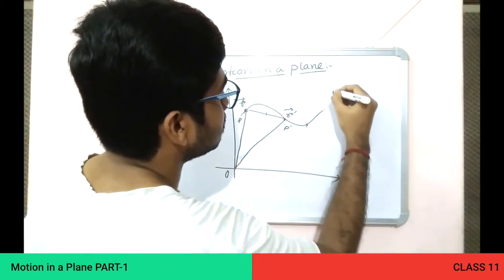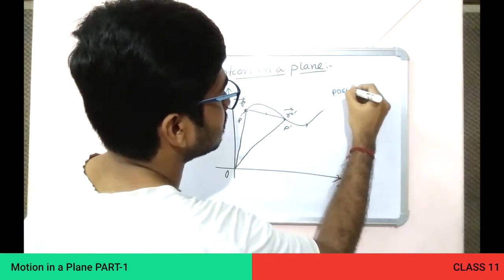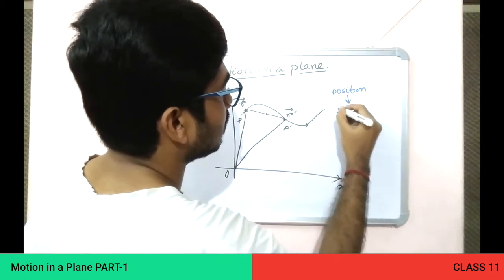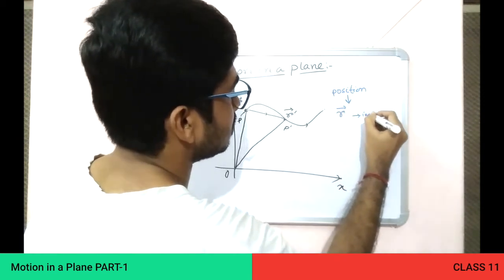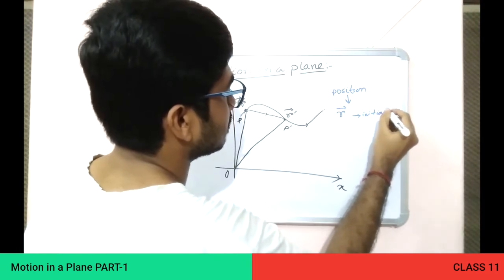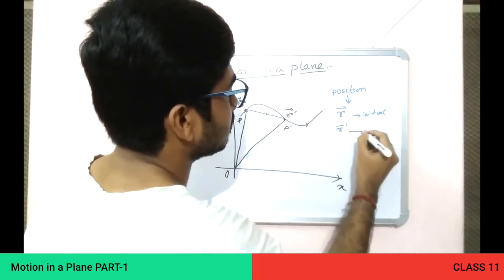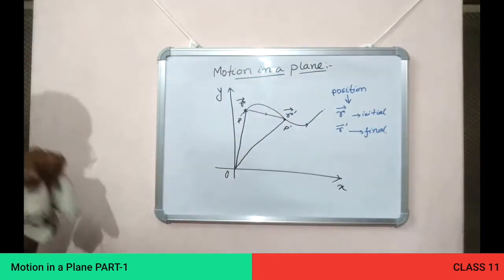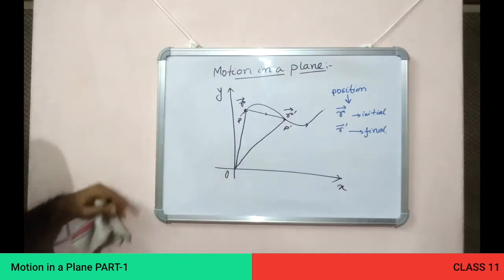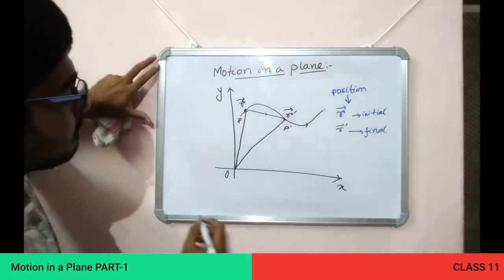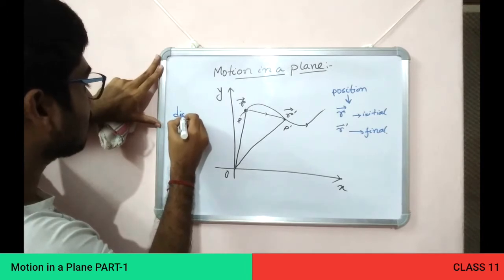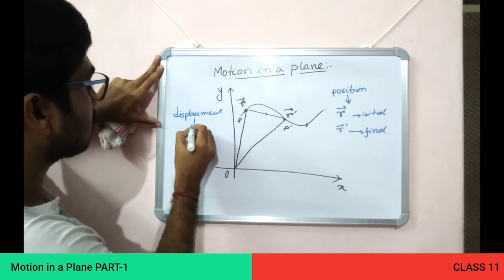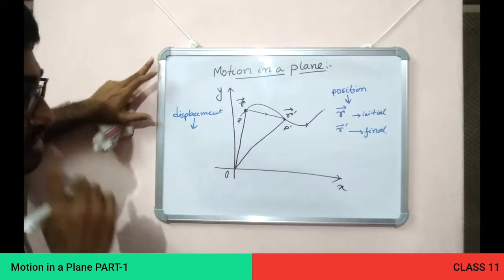So position r is the initial, and r prime is the final. And what would be the displacement vector?